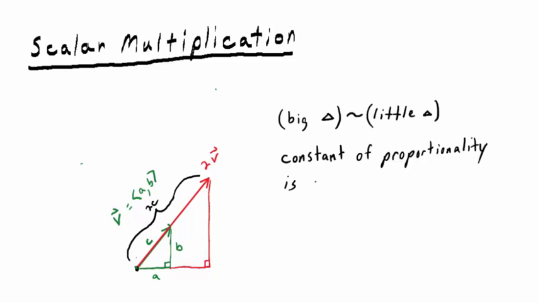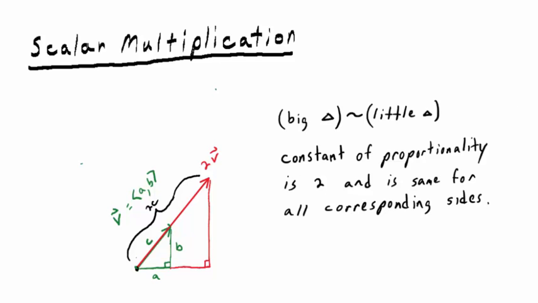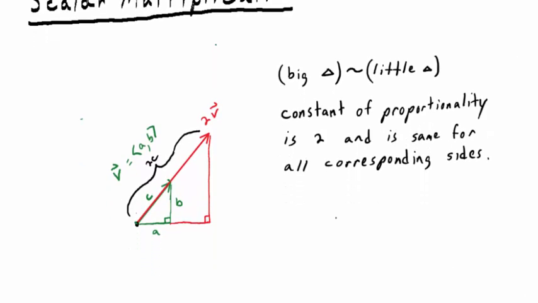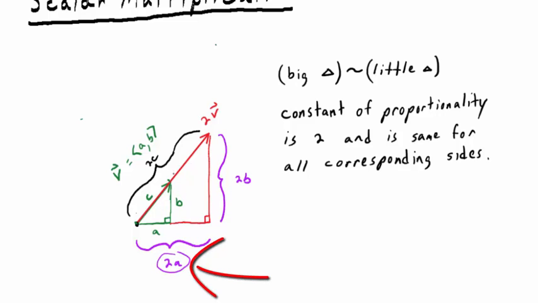That's what it means to be a similar triangle, right? And it is the same for all corresponding sides, which simply means then that the horizontal side of the big triangle has to be twice A, and the vertical side of the big triangle has to be twice B. But wait a minute, this is the horizontal component of 2V, the vector 2V.